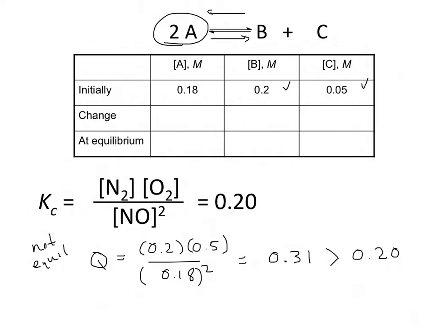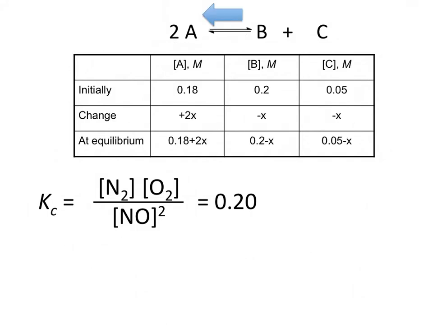That means that our product concentrations are more than at equilibrium. And when this is the case, to reestablish the equilibrium, we're going to have to do the reverse reaction, where products are going to revert back to the reactants.